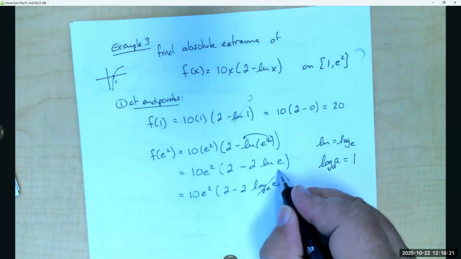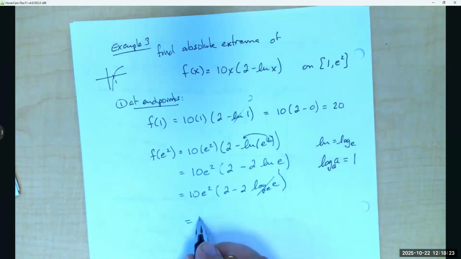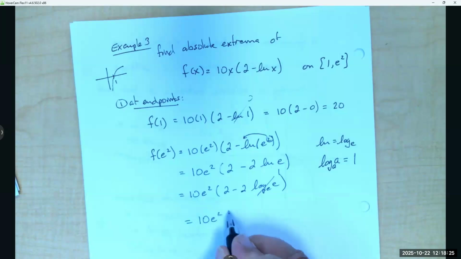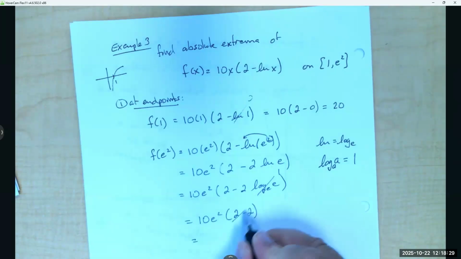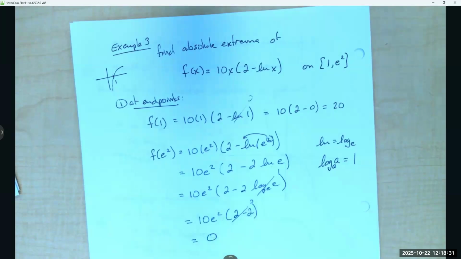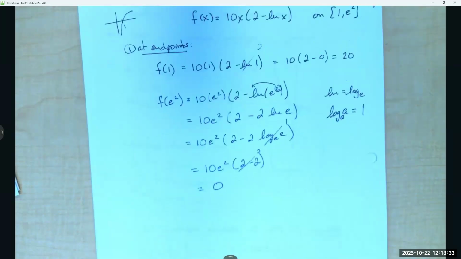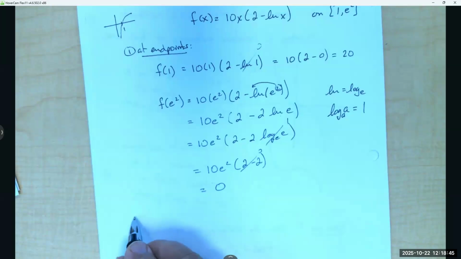So we have 10e squared, 2 minus 2. 2 minus 2 is 0, so the whole thing is 0. So those are the endpoints.